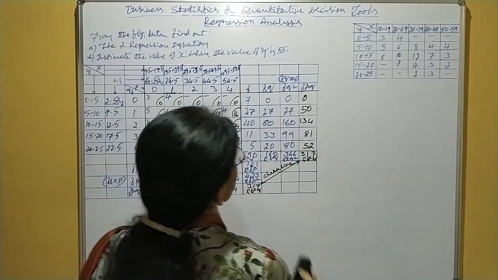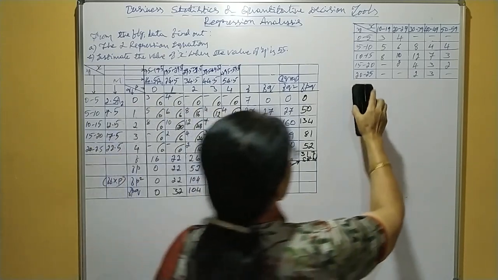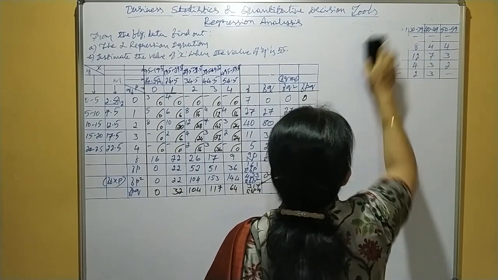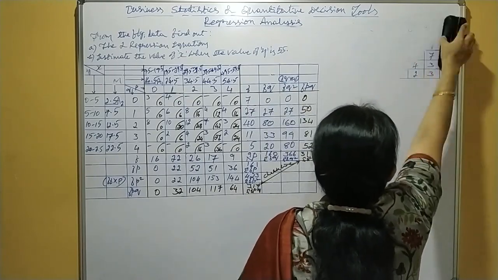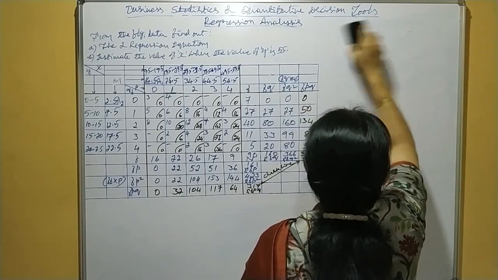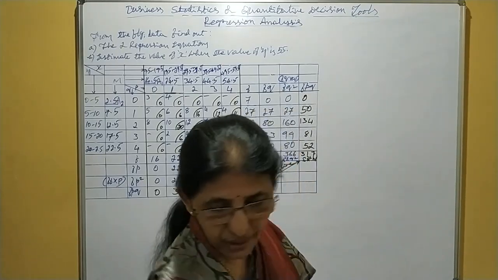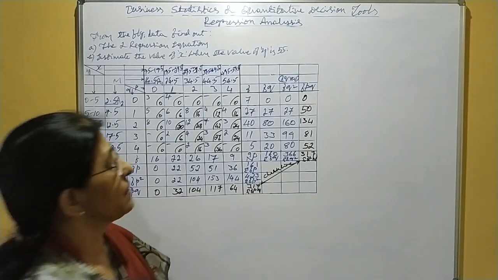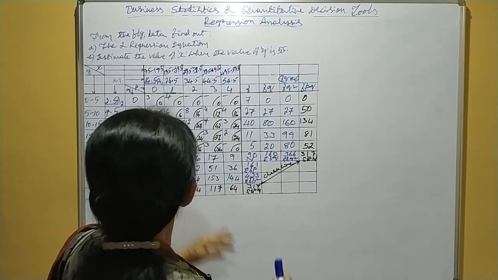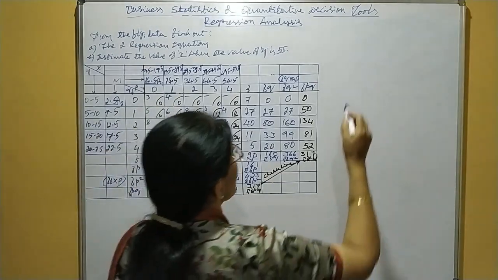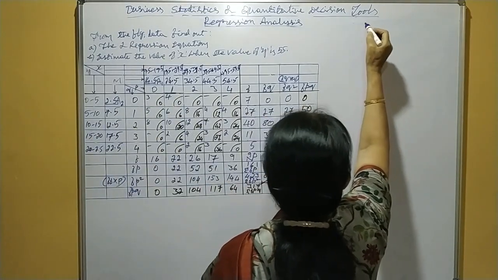Here we come across two equations. One is regression coefficient of x on y, and another one is regression coefficient of y on x. Then the regression equation of x on y and the regression equation of y on x.